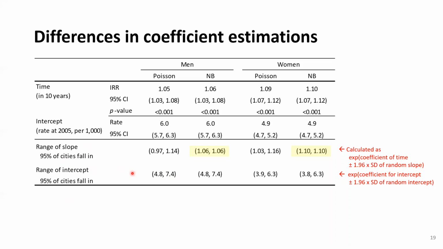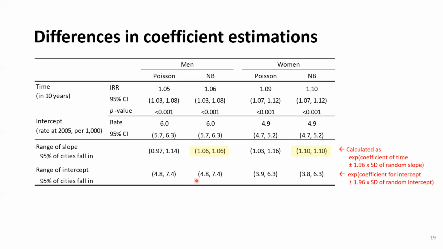And when we compare these two ranges, the range of intercepts in which 95% of cities are expected to fall according to the model, maybe this is the most appropriate expression I should use.